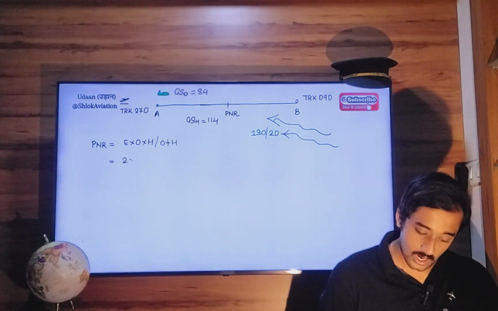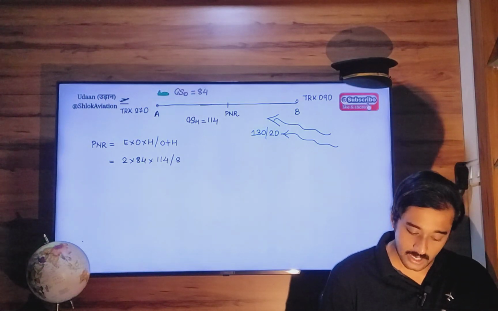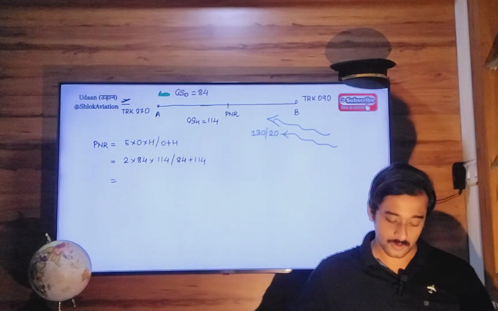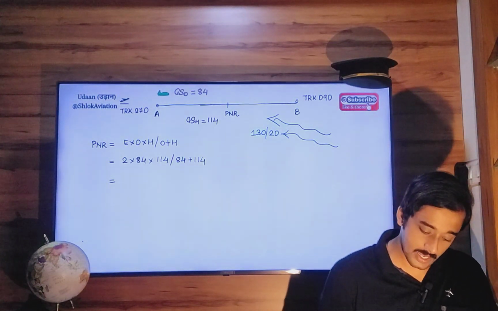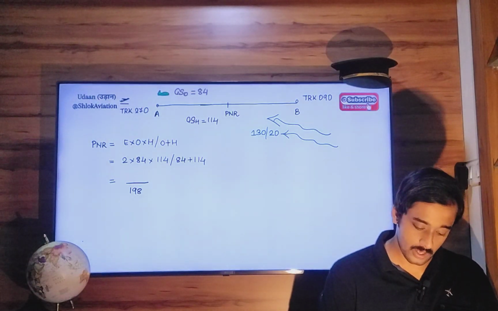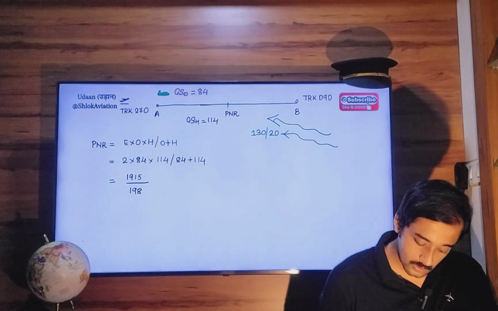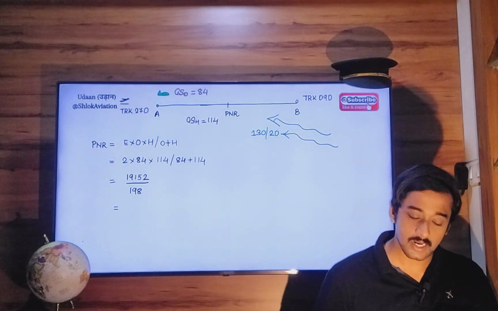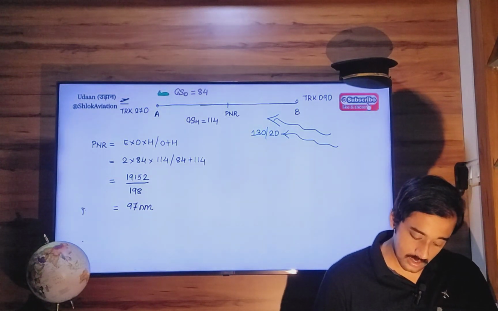So 2 hours into 84 into 114 divided by 84 plus 114. 84 plus 114 is 198. 2 into 84 into 114 is 19152, divided by 198 is 96.7, or approximately 97 nautical miles.